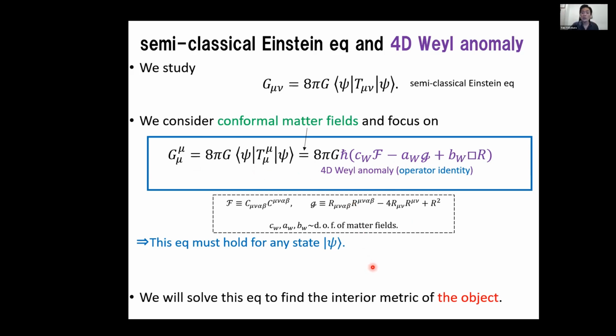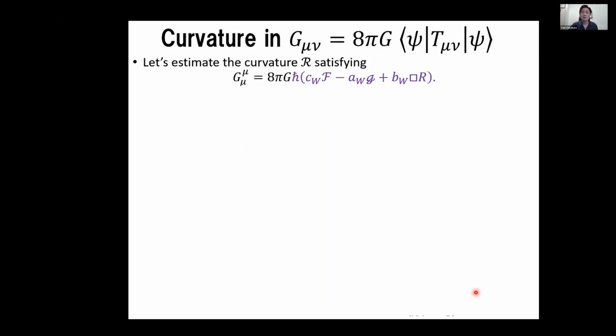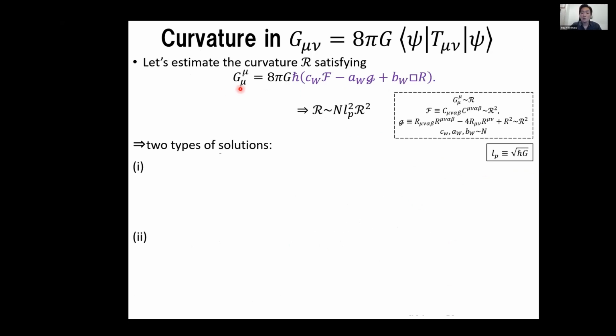In the following, we solve this equation directly to find the interior metric of this object. But before that, let's estimate the curvature satisfying this equation. This equation can be rewritten schematically like this. Here, I used this estimation, okay?